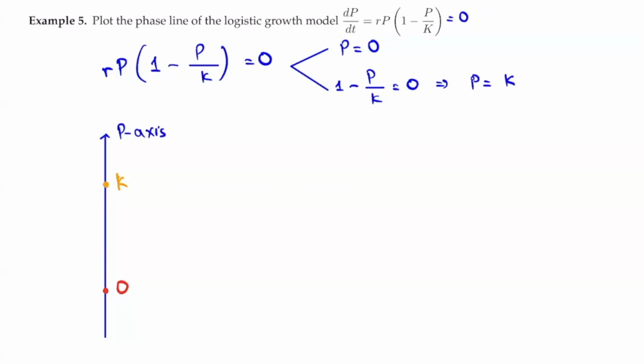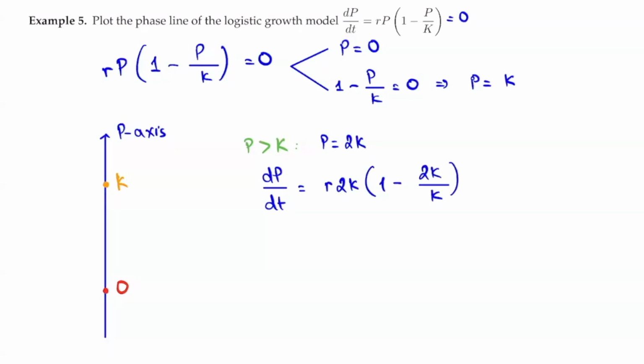So when P is greater than K, let's say you substitute in 2K. You can choose any value that is greater than K. For example, P equal to 2K, you can do 3K, 5K, whatever. But let's say P equal to 2K, you do the analysis, you have dP/dt equal to R times 2K times (1 minus 2K over K).